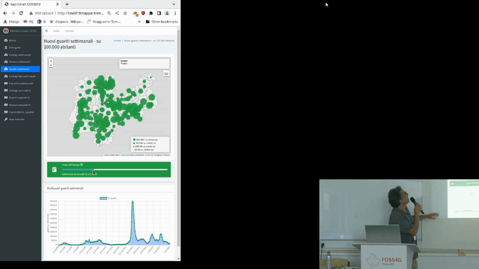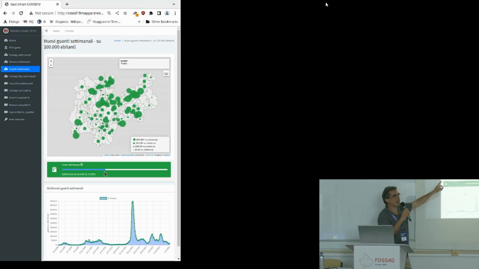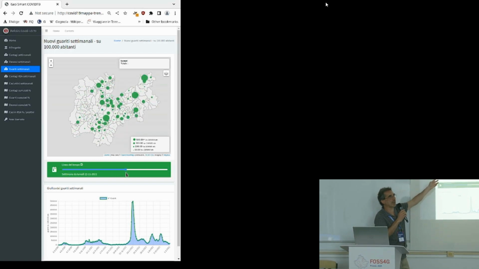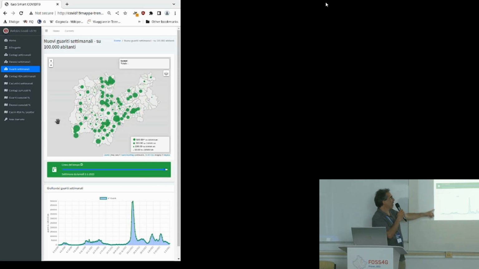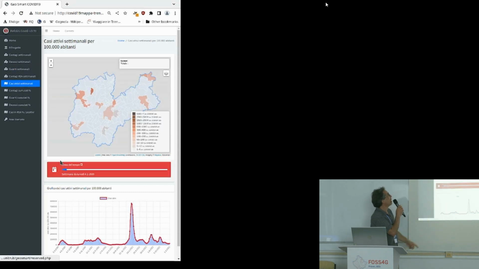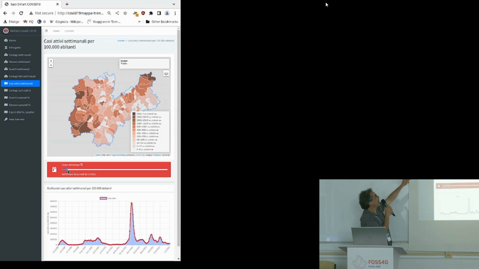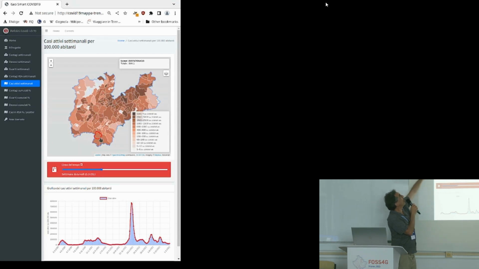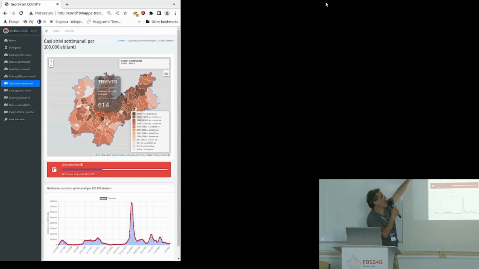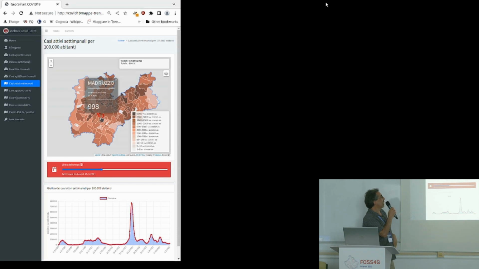And the same applies, this is the new people who recovered each week for each 100,000 people. And again, it is a graphical and statistical representation. In this case, we have the representation at a municipal level on the territory, and how many cases are active per 100,000 inhabitants.